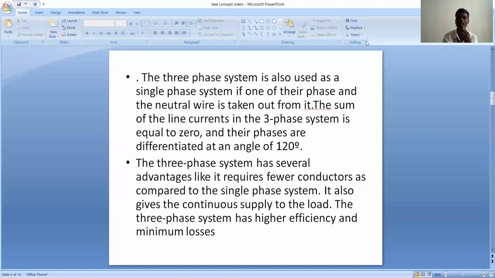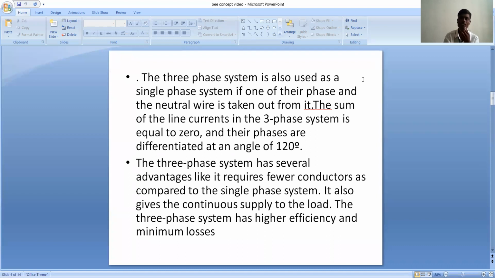The three-phase system has several advantages. It requires fewer conductors compared to the single-phase system. It also gives a continuous supply to the load, and the three-phase system has higher efficiency and minimum losses.